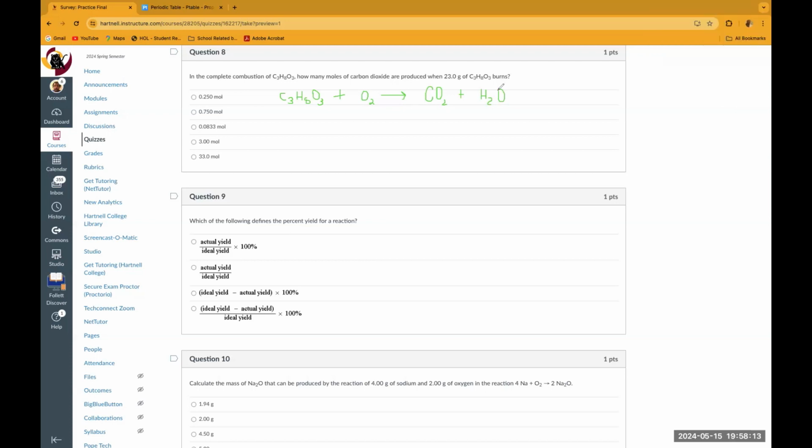Occasionally you get carbon monoxide, or just carbon when you burn it so hot that it breaks up the carbon and the oxygen. But in our cases, we're doing controlled burns. So let's go ahead and balance it.